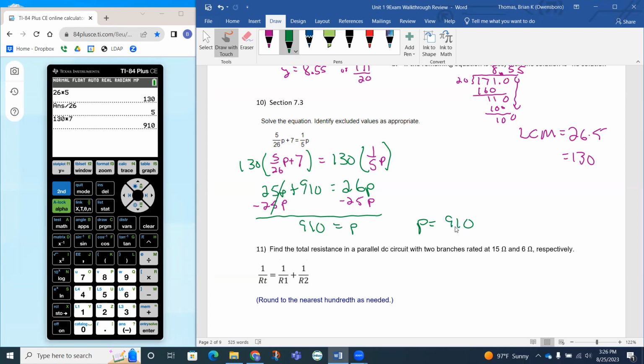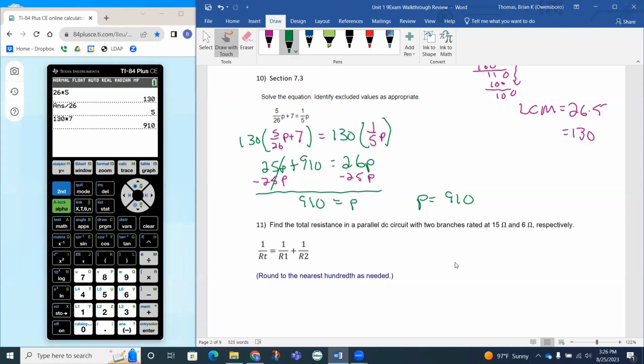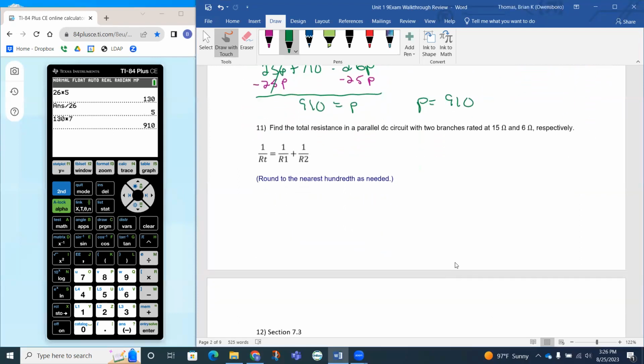So question 11 says find the total resistance in a parallel DC circuit with two branches rated at 15 ohms and 6 ohms respectively. So we have this formula that total resistance is defined as 1 over RT equals 1 over resistor 1 plus 1 over resistor 2.